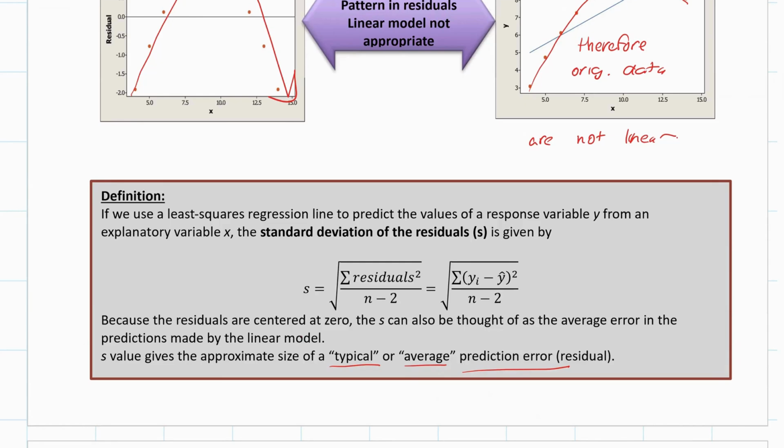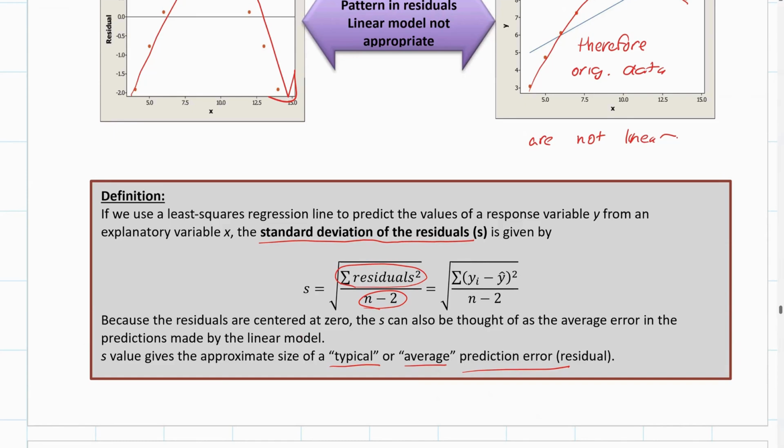We do so by calculating the standard deviation of the residuals. That calculation is found by adding up the squares of all the residuals, dividing by the number of data items minus 2, and then taking the square root.